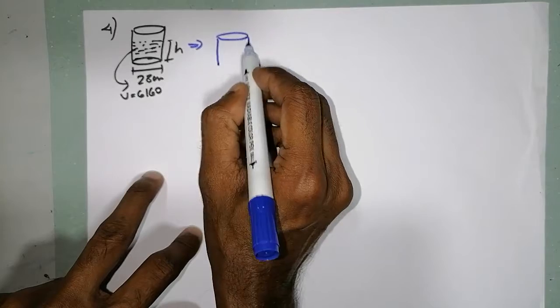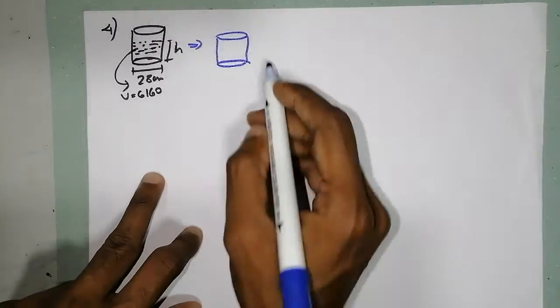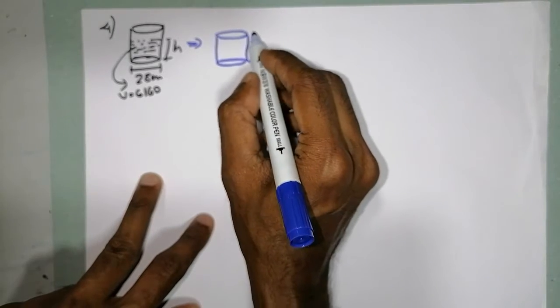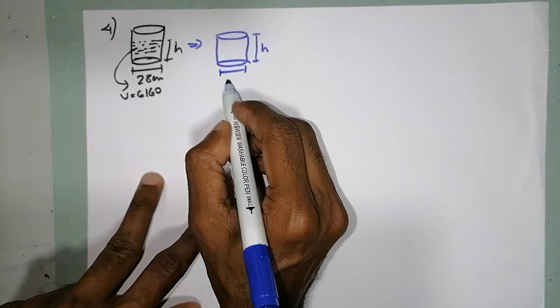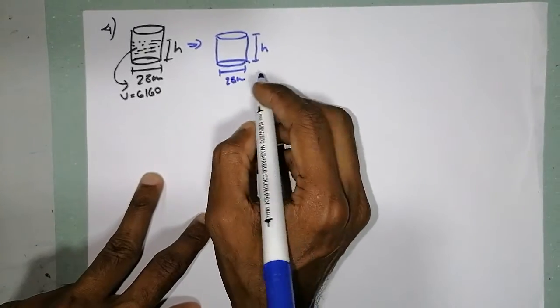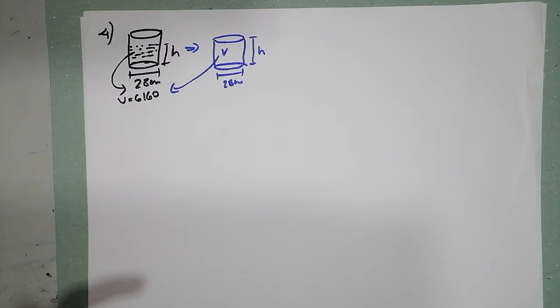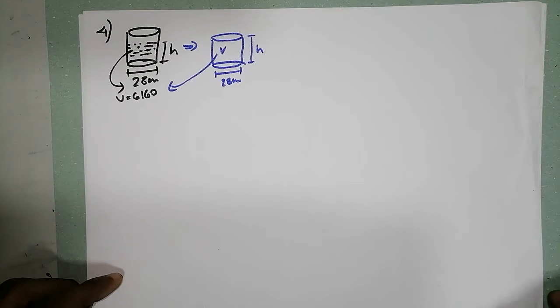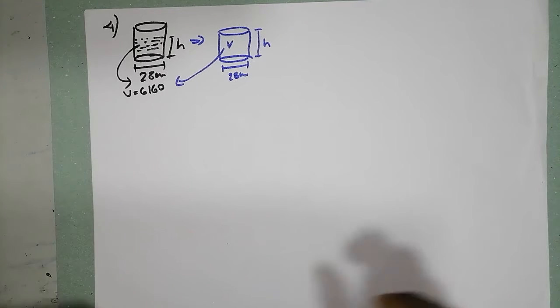The blue color cylinder represents the entire filled water. So the height is h, the diameter is given 28 centimeter, the volume is 6160. The shape of the water is a cylinder.